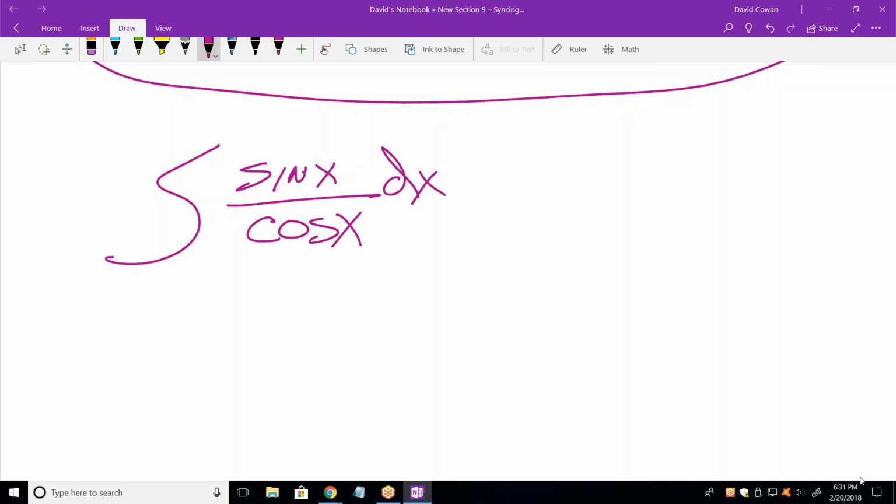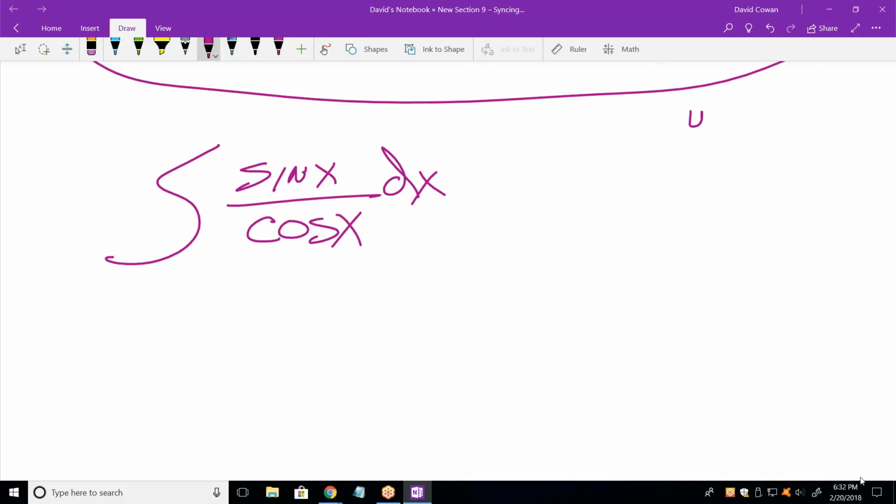Now, which one do you let be u? In other words, we've got our basic definition, which is that one side of this fraction is the derivative of the other side. But it matters which one you let be u. Let's try it both ways.